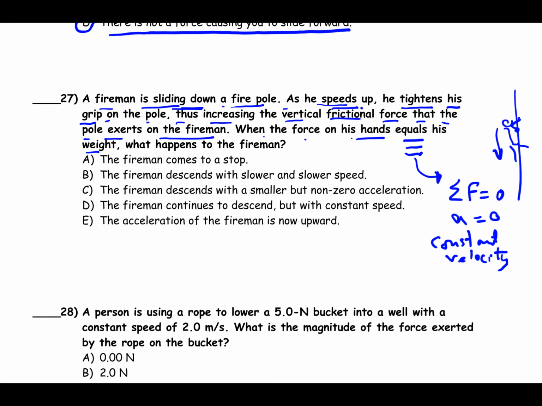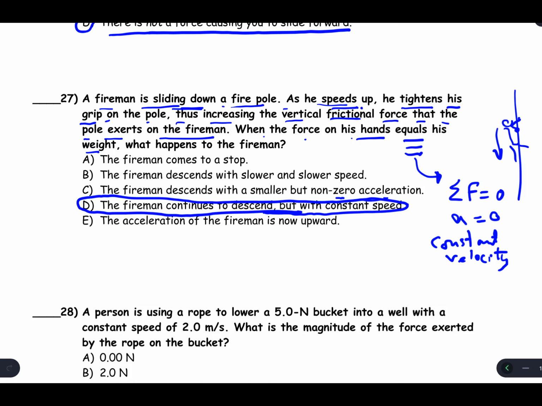No. With a smaller but non-zero acceleration? No, zero acceleration. The fireman continues to descend but with constant speed? Yes. Constant speed means zero acceleration because the net force equals 0. So the answer is D.